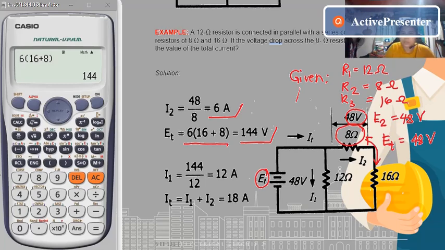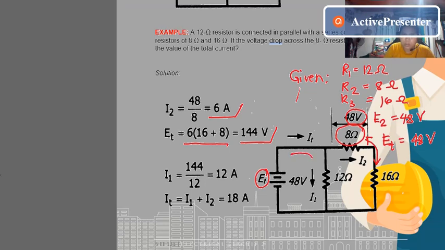So kaning 48 volts, dire ra ni siya sa atuang kadagan, while ang atuang dire for the series nga 8 ohms og 16 ohms naa siya gadagan, which is, so ang total will be 144 volts.